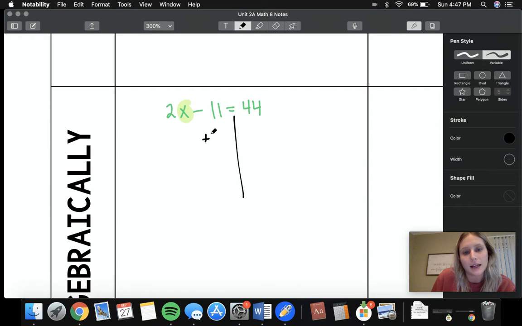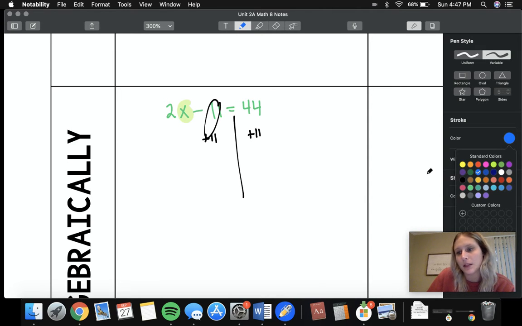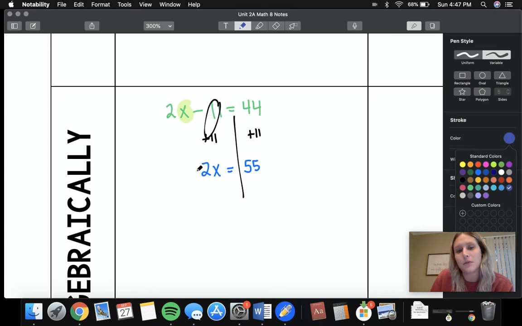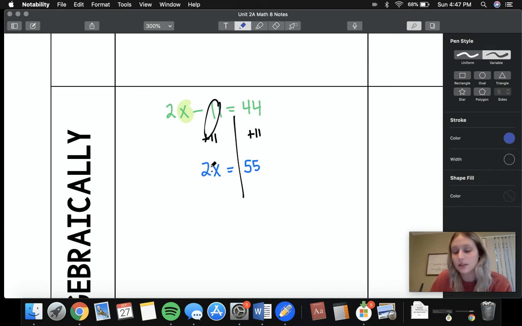We add 11, and negative 11 with a positive 11 makes 0. We are left with 2x equals 55. We have 2 x's and need just 1 x, so we divide by 2. 2 divided by 2 gives the 1x we need, and 55 divided by 2 equals 27.5.